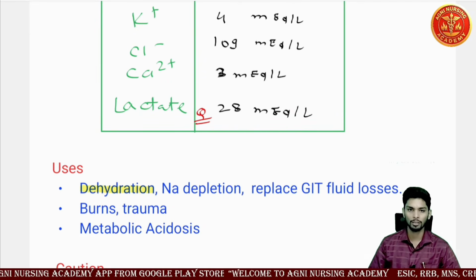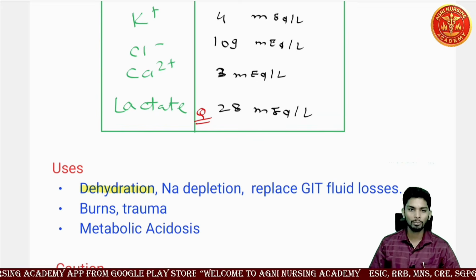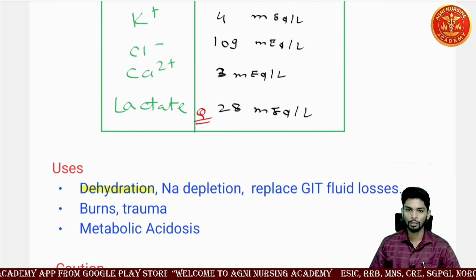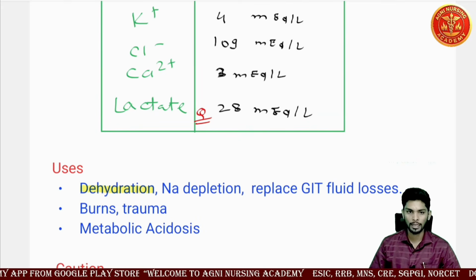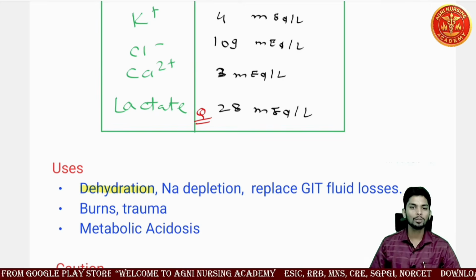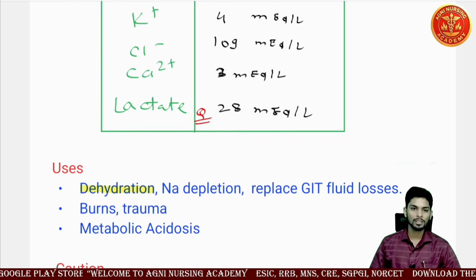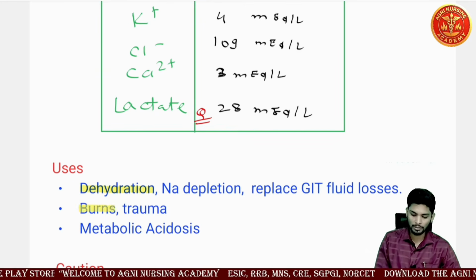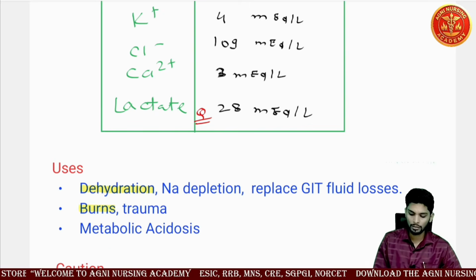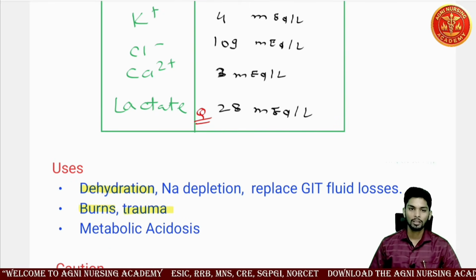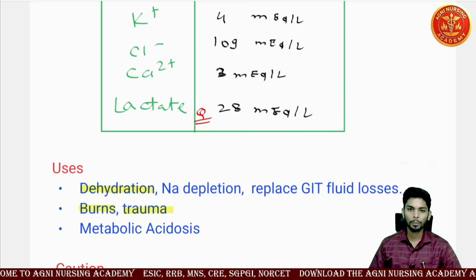So for replacement of gastrointestinal tract fluid losses, we will use ringer lactate solution. Another use of RL is in patients with burns and trauma. So in casualty, one patient came with a history of road traffic accident. Which fluid are we going to administer first?